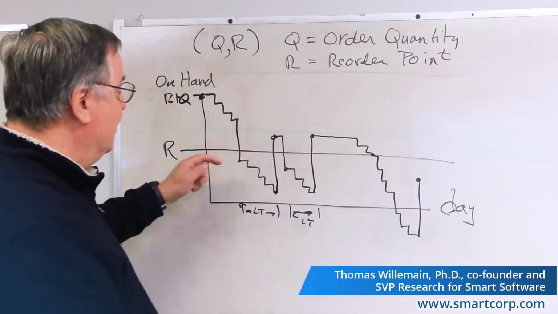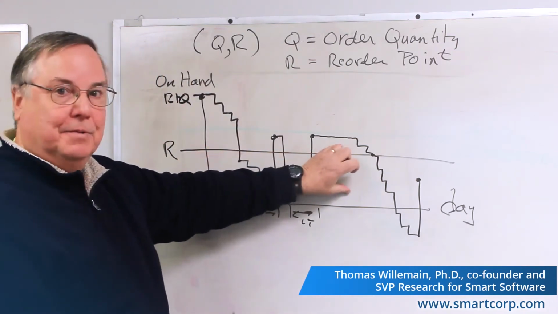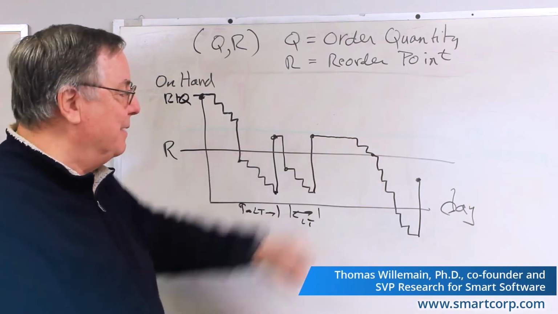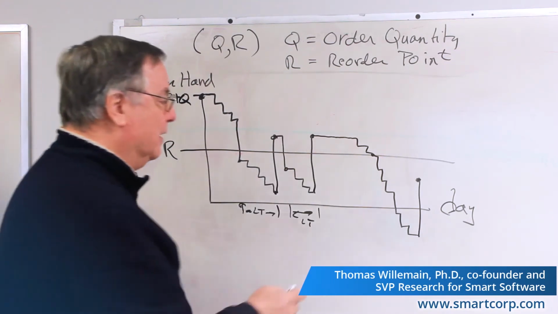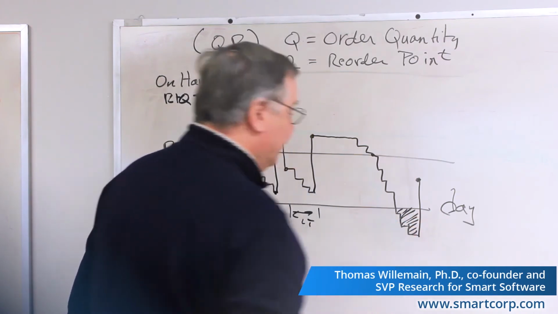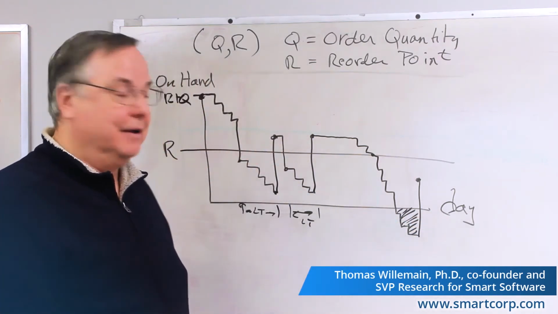So this example looks kind of pathetic because you're in trouble all the time. It doesn't have to work out that way. But I wanted to illustrate that there is this possibility of going negative.